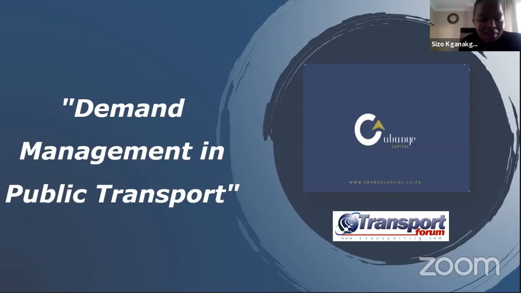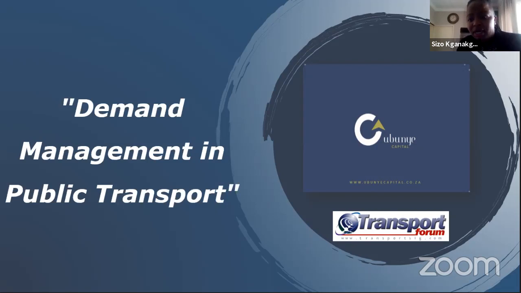As for this afternoon, I feel that there's been an amazing golden thread in terms of how everything has been presented from this first session, where the guys were basically taking us through the more technical and infrastructural based view of demand management in the public transport industry.